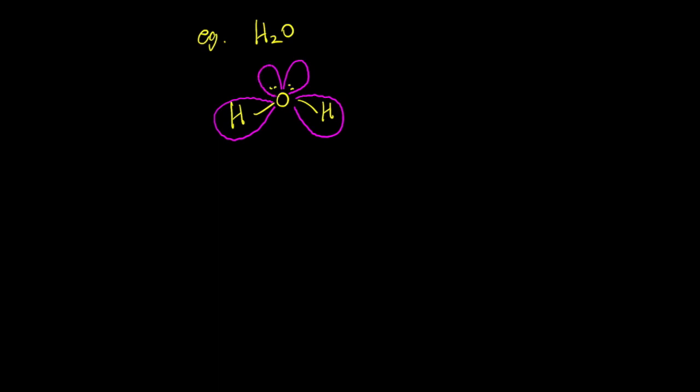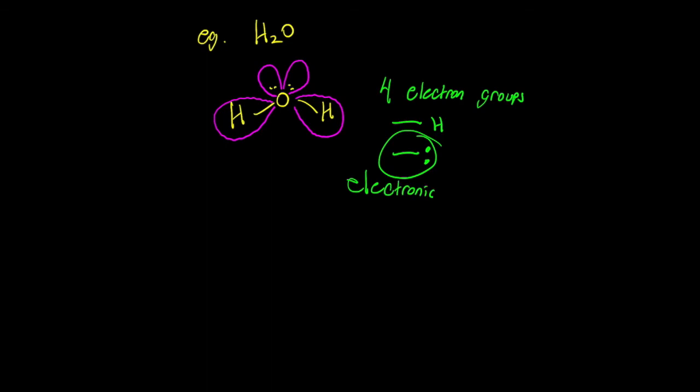So this has 4 electron groups. Remember, a group can be a bond to a hydrogen, or it can be just a lone pair. Sometimes we draw a line to a lone pair. I kind of like how the book does that. So 4 electron groups is going to tell us, because you're counting the electrons, it's called the electronic geometry.